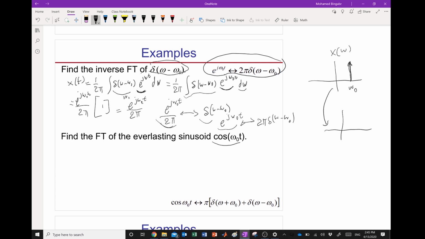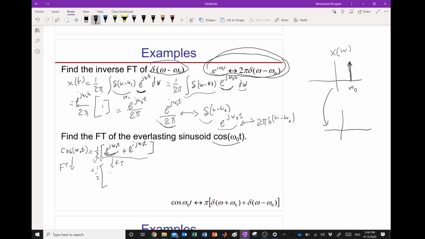So instead of carrying out the Fourier transform integral, I will express cos(ω0 t) in terms of exponentials. That will be half, using the trigonometric identity. The Fourier transform of this one is the same as the Fourier transform of this one, so the half will come out. The Fourier transform of this component we just found at the top here.